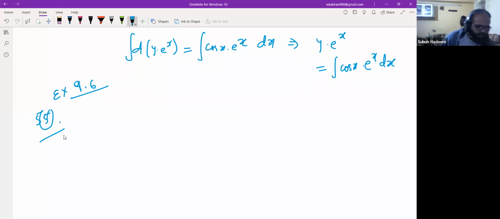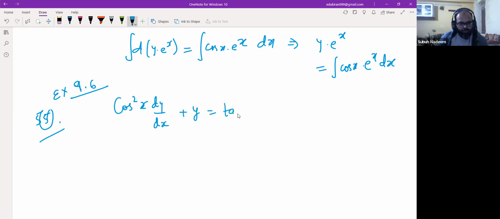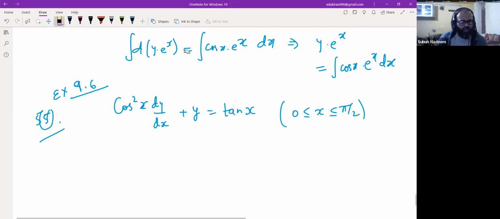It is cos square x dy by dx plus y is equal to tan x, where x is between 0 and pi by 2. Pi by 2 is not included here. This condition has nothing much to do with the solution here.